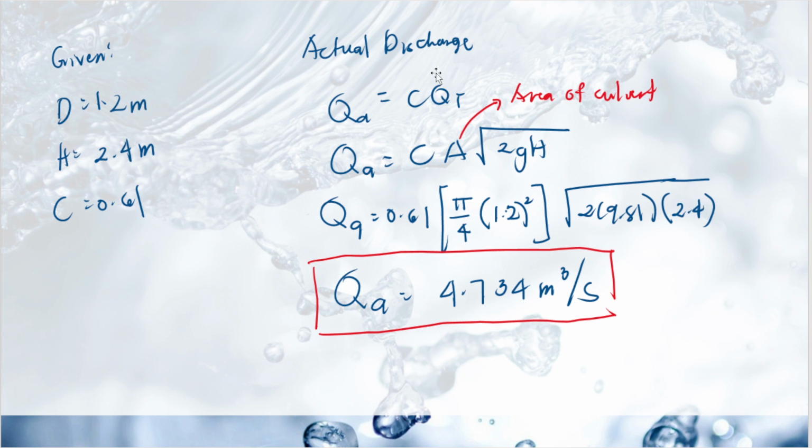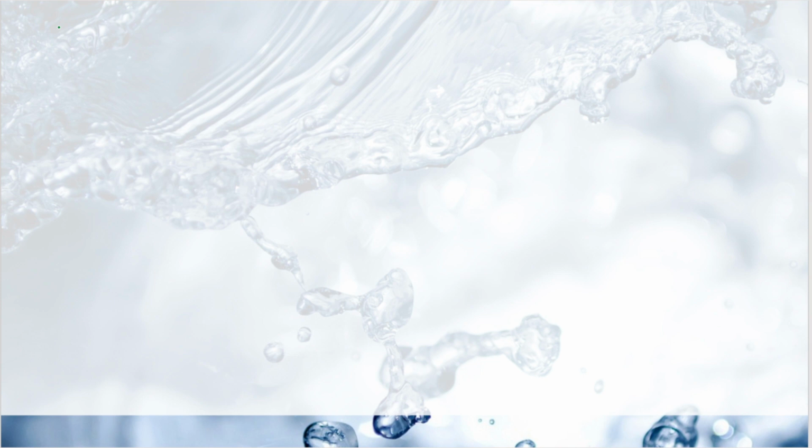If the problem requires us not to find the actual discharge but, for example, the actual velocity, we could also compute that. Additionally, suppose we are required to find the actual velocity.